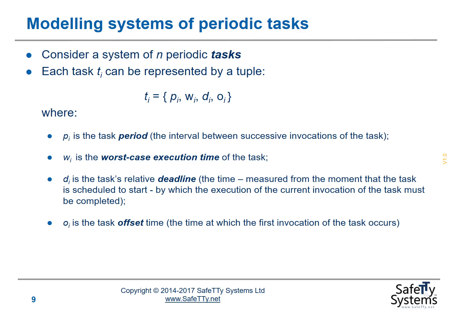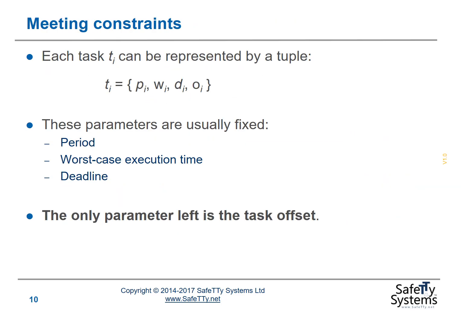Within this course, we've been concerned about task offsets that are measured in ticks. So a task with an offset of 0 runs for the first time in tick interval 0. A task with an offset of 25 runs for the first time in tick interval 25. So each task can be represented by a tuple. Some of the parameters in this tuple are fixed.